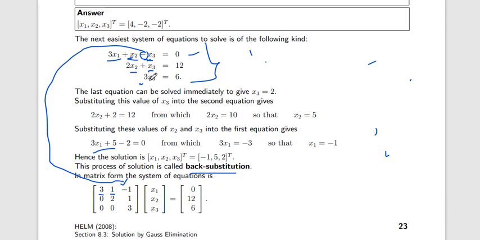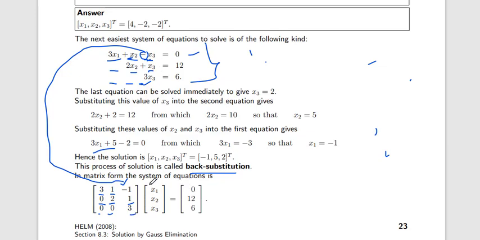Now the second equation: what is the coefficient of x1? 0. What is the coefficient of x2? 2. What is the coefficient of x3? 1. Now the third equation: what is the x1 coefficient? 0, and the x2 coefficient is 0, 0, 0, and the x3 coefficient is 3.